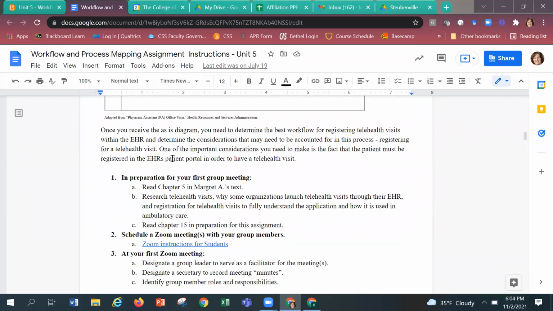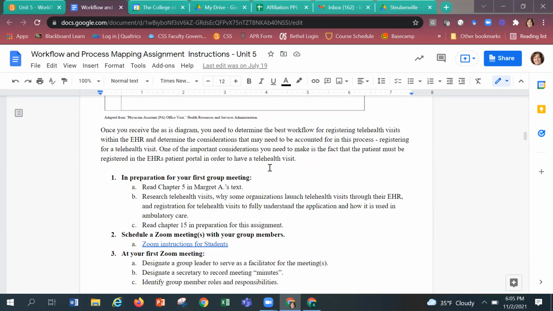So once you receive the as-is diagram, you need to determine the best workflow for registering telehealth visits within the EHR and determine the considerations that may need to be accounted for in this process, such as going about registering the patient for a telehealth visit versus a regular visit, okay?